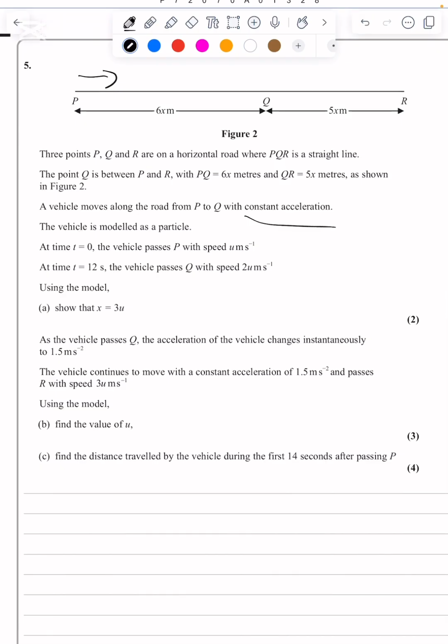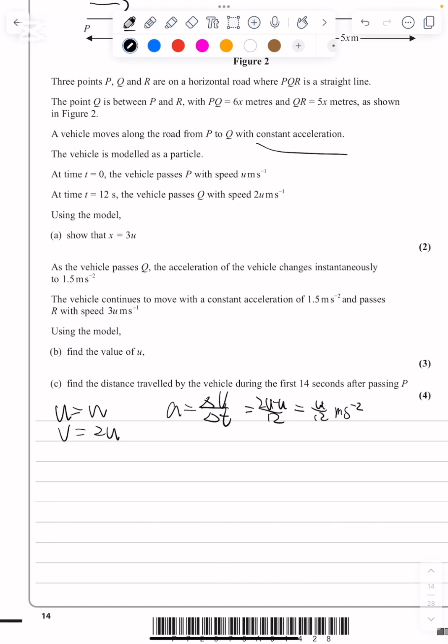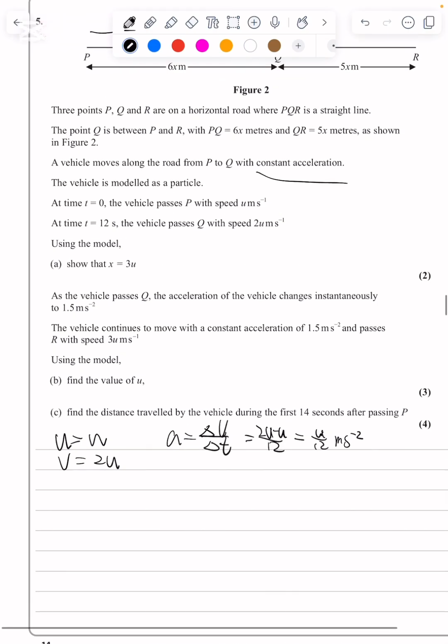So initial velocity is u, and then v is 2u. So the acceleration equals delta v over delta t, which is 2u minus u, so u over 12. Okay, and then what's the formula again?